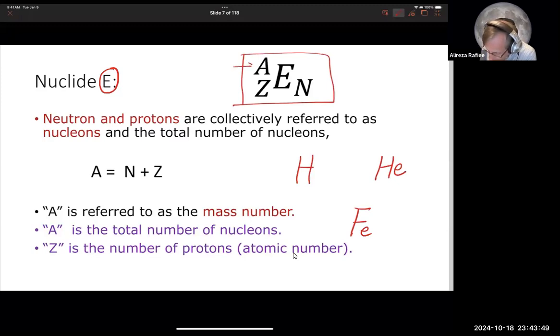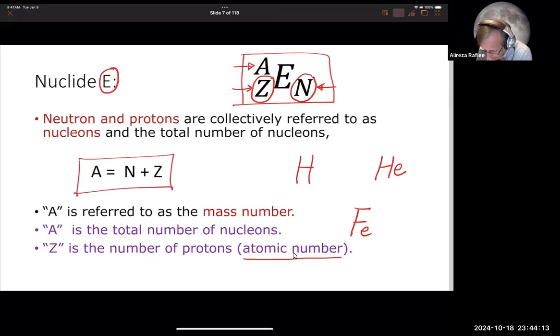There are 3 numbers here, which we want to refer to as important numbers for this atomic symbol. N refers to the number of neutrons. Z refers to the number of protons. We sometimes refer to it as the atomic number. And then A is the sum of the number of neutrons and the number of protons, which is referred to as the mass number.